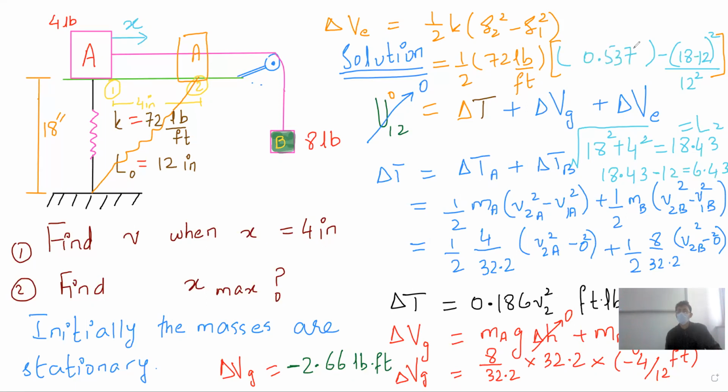And should I put a square? I should, I think, right? Now, do not get confused. Why didn't I put a 12 here? Because one of the students already divided 6.43 by 12. So this fellow is already in feet squared. Now this whole chunk also is in feet squared. Can you please give me the value of delta VE?